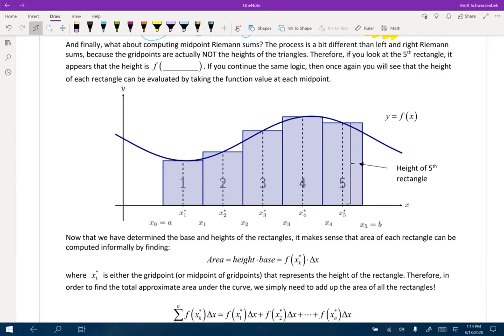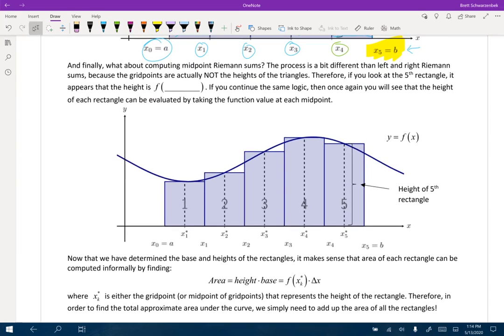Okay, so what about our midpoint Riemann sum? A little different scenario for this one. Why? Because now we're dealing not with the right or leftmost sides of the rectangles, but with the midpoint value of those rectangles and how the partitions come into play.